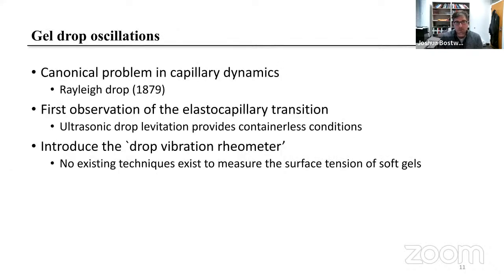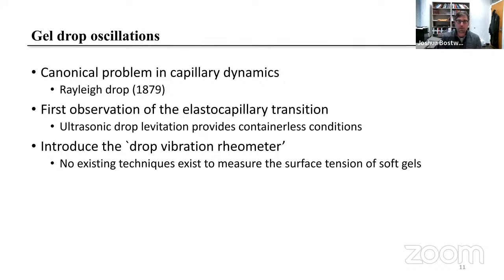The first problem we'll talk about is that of gel drop oscillations. This follows in the footsteps of the canonical problem of the Rayleigh drop, which was first analyzed in 1879. Here we report the first observation of the elastocapillary transition in gel drop oscillations, and we use acoustic levitation to mimic a containerless process in terrestrial conditions.